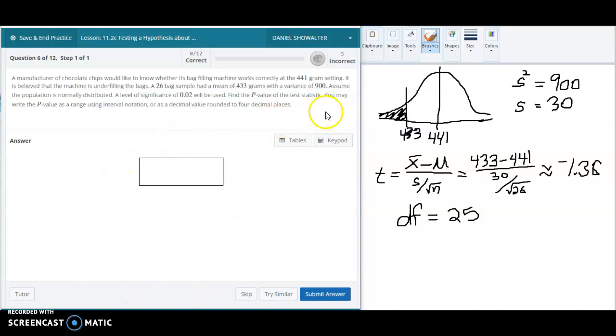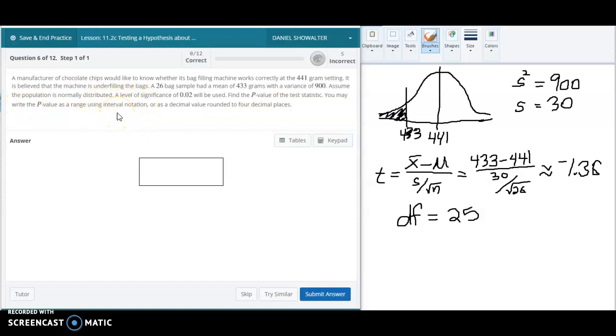And if we come out to how they want us to give the answer, it says you may write the p-value as a range using interval notation or as a decimal value rounded to 4 places. In order to get that decimal value rounded to 4 places, we're going to have some kind of technology, whether that's SPSS or an Excel spreadsheet or your calculator. By using the tables, the best we're going to get is this interval notation.